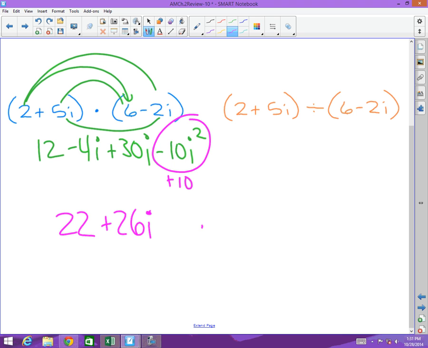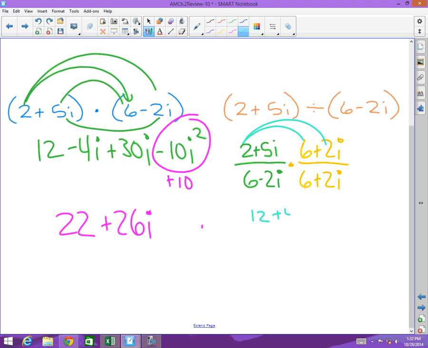With this last one, if you're going to divide, it's 2 plus 5i over 6 minus 2i. And then you have to multiply by 6 plus 2i over 6 plus 2i. To do the multiplying, there's 12 plus 4i plus 30i plus 10i squared.